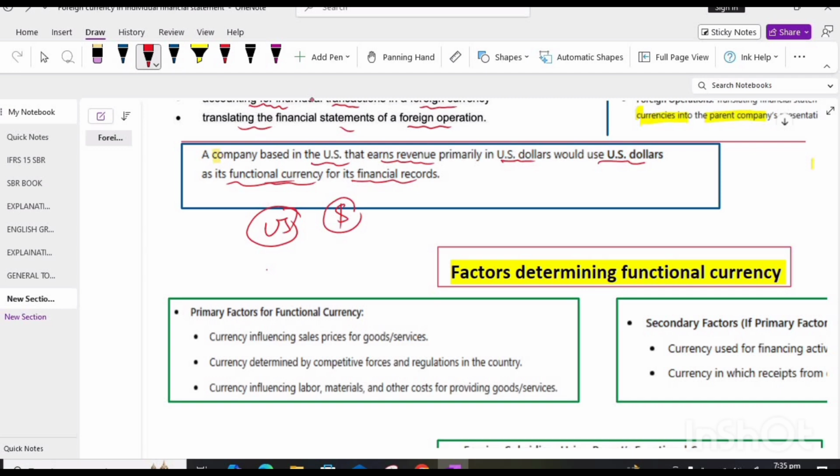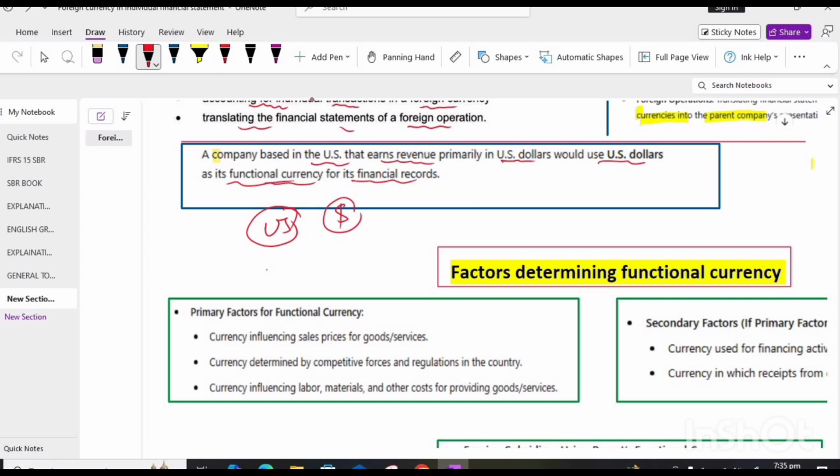The functional currency is determined by the economic environment in which the entity operates, while the presentation currency is chosen by the reporting entity for reporting purposes. There are some criteria to determine both the functional currency and the presentation currency. Now let's discuss the factors determining the functional currency.